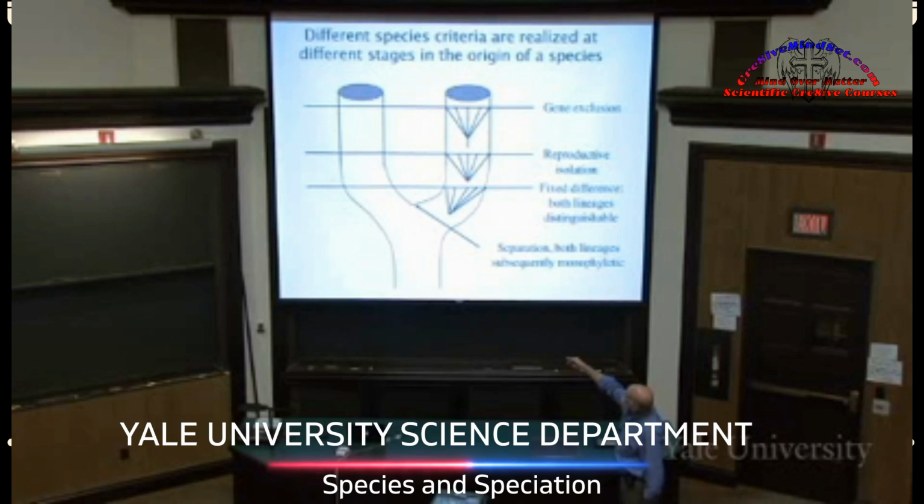And over here in this lineage, maybe some other one has become fixed. And at that point, genetically, these species are distinguishable. You can tell them apart because now one lineage has one version of a gene and the other lineage has another. Then as these genetic differences accumulate, later in time, they will be reproductively isolated from each other. If two individuals of the two species did meet, they would not be able to have viable grandchildren.